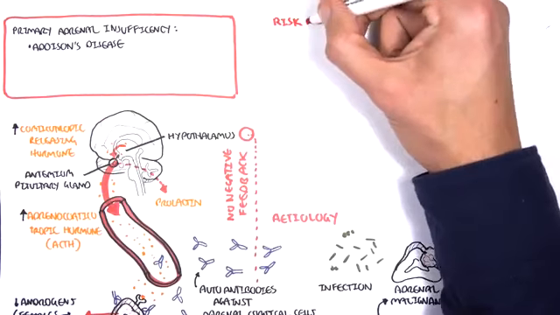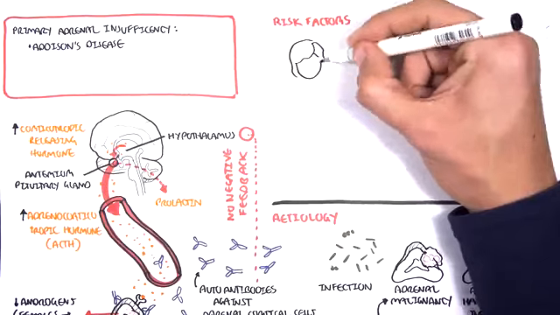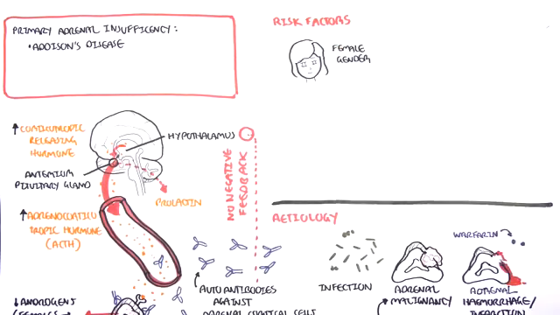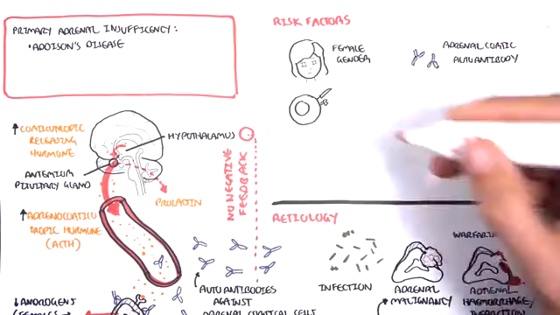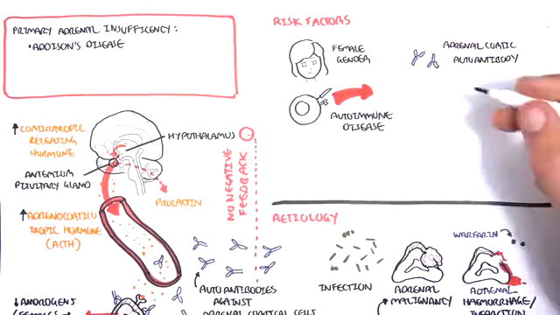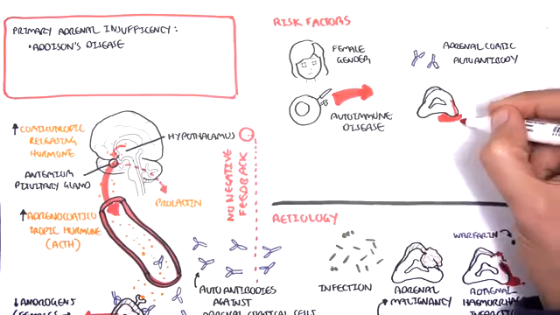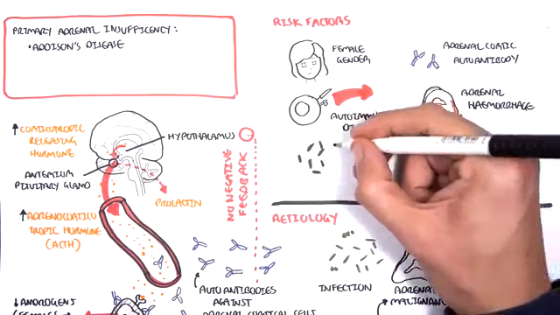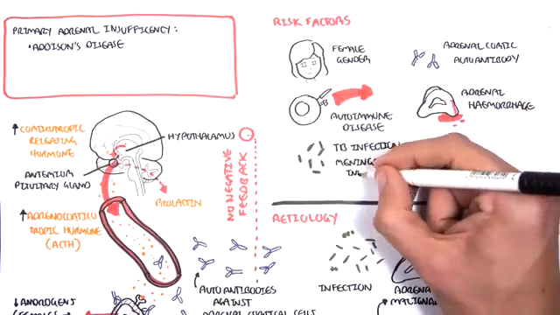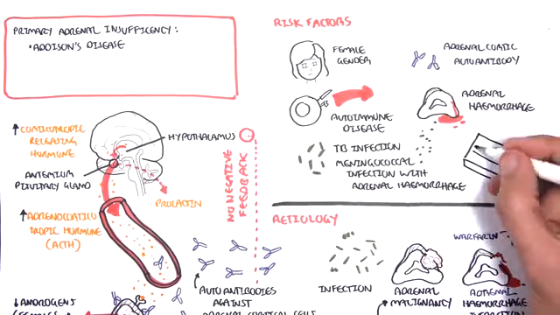Risk factors for Addison's disease include female gender, because most autoimmune diseases actually tend to occur in females. Having an autoimmune disease, adrenal cortex autoantibody production, adrenal hemorrhage is another risk factor, tuberculosis infection, meningococcal infection with adrenal hemorrhage, and of course using medications that can induce Addison's disease is a risk factor.